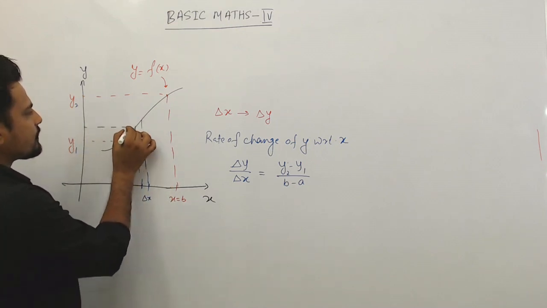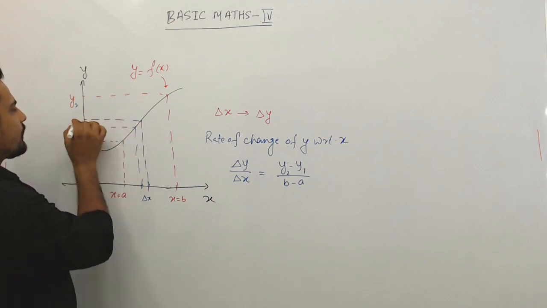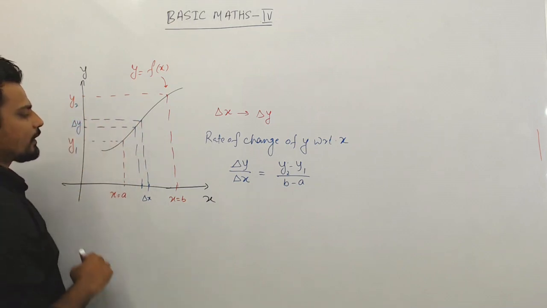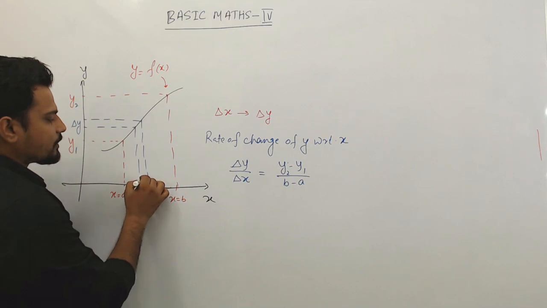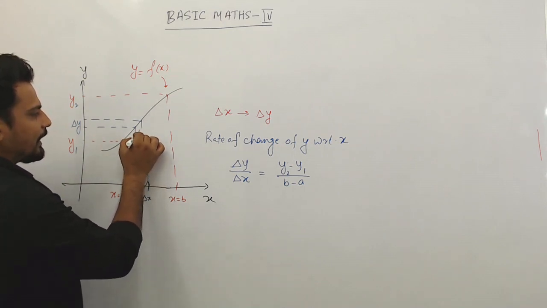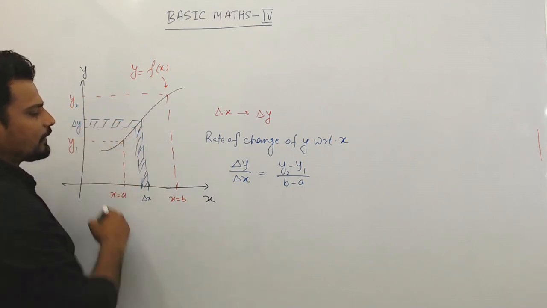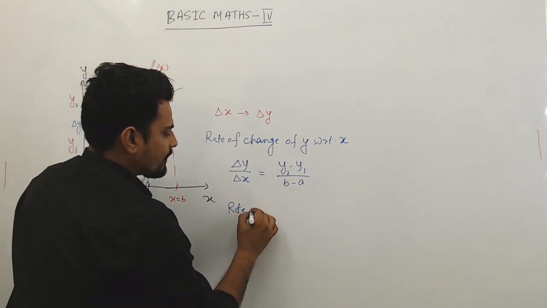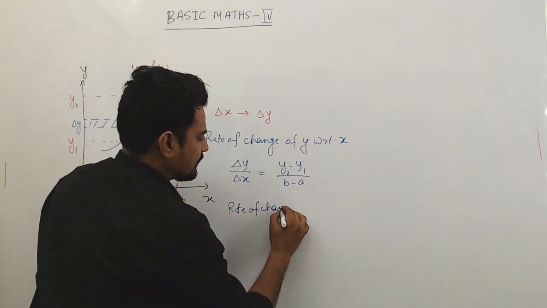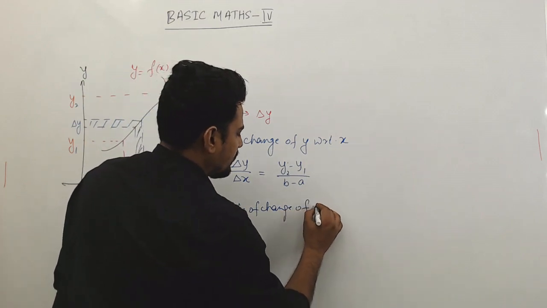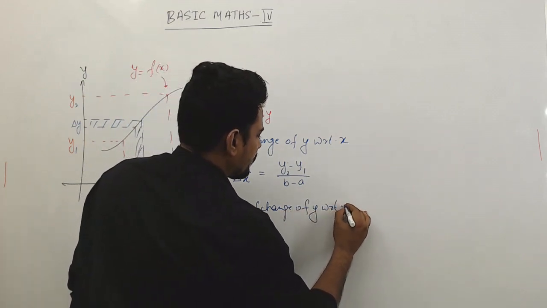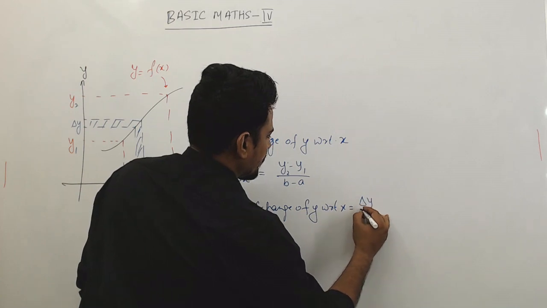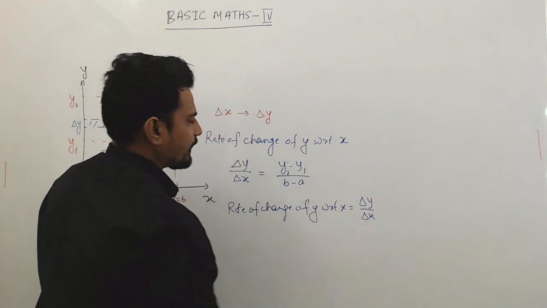So here, if it is y, then this is going to be delta y, a small change in y. So with respect to a small change in x, we shall be having some small change in y. So I can write the rate of change of y with respect to x as dy by dx.